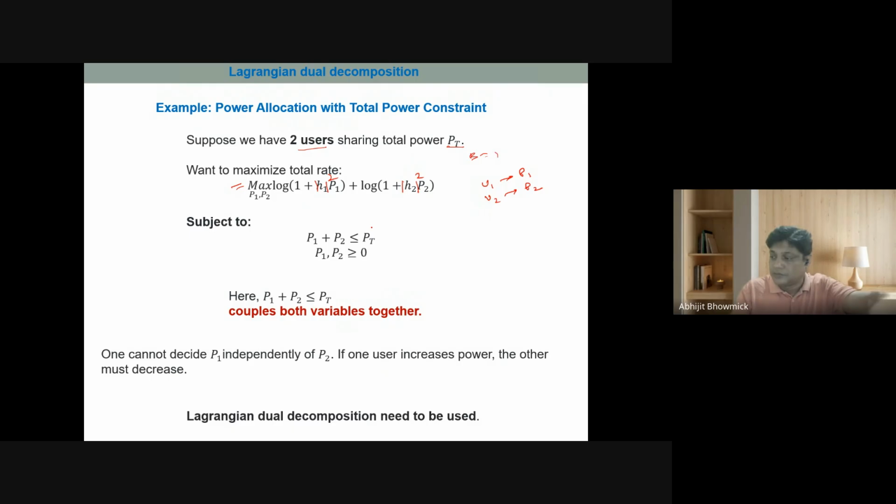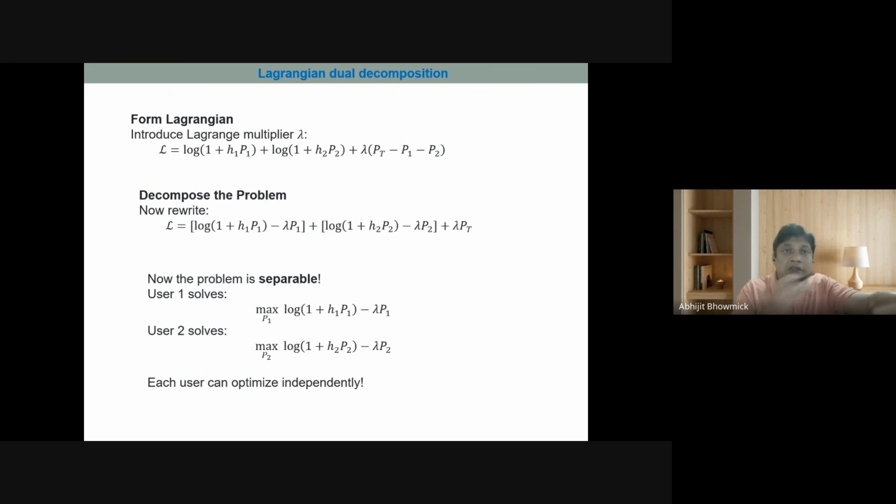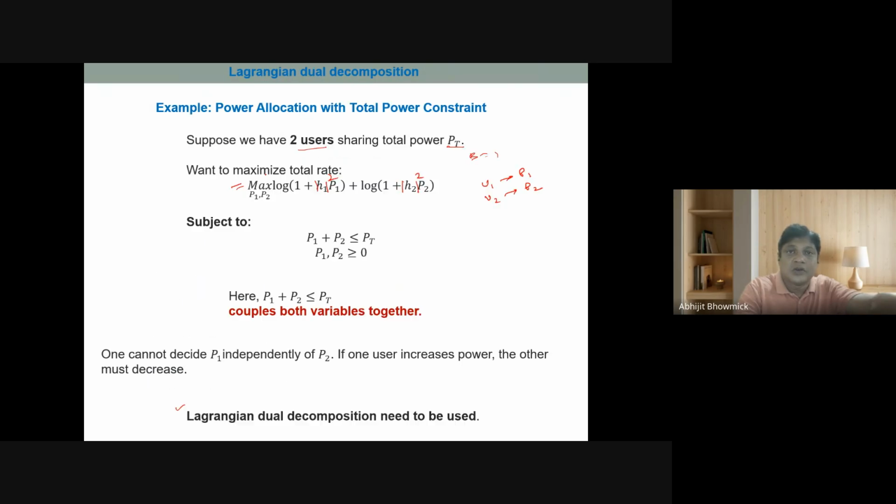It can be resolved by the Lagrangian dual decomposition technique. See here what we are doing: we will take the help of a Lagrangian parameter. If we look at the previous equation, that is log of 1 plus mod of h1 square into p1, plus log of 1 plus mod of h2 square into p2.